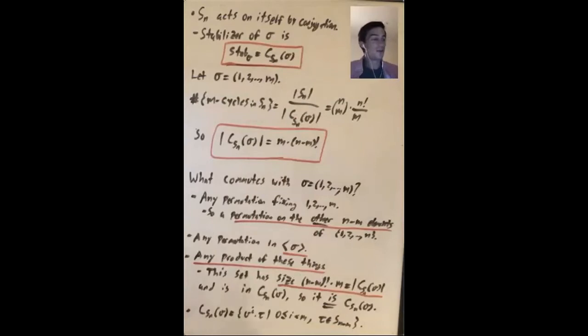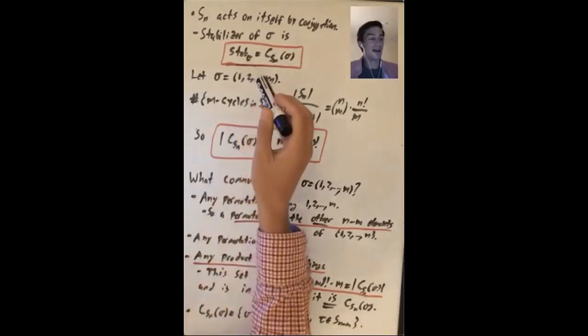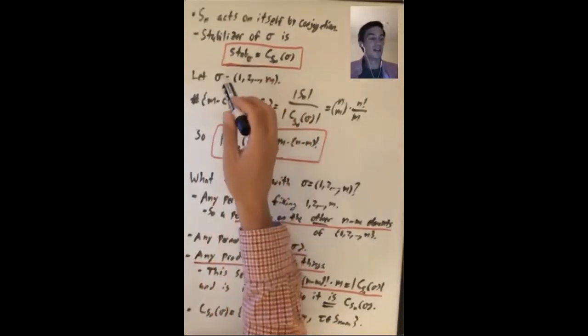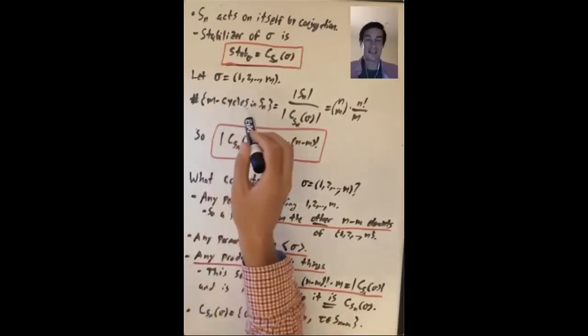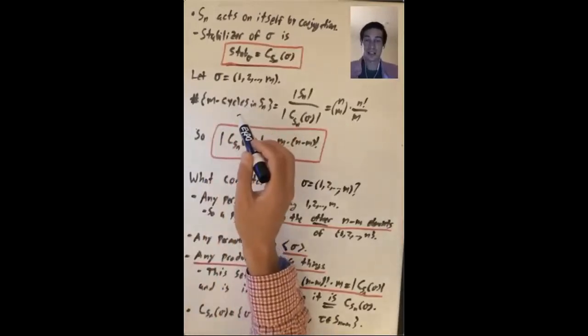And we know that the stabilizer of any one of these elements has the same size, since conjugate elements have conjugate stabilizers. So the size of this stabilizer is always the same, even though the stabilizer itself may be changing. Okay, so how many m-cycles are there in Sn? Well, by the orbit-stabilizer theorem, this is the size of an orbit under this conjugacy action.